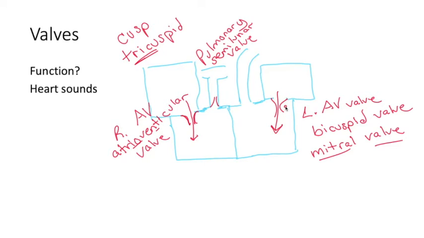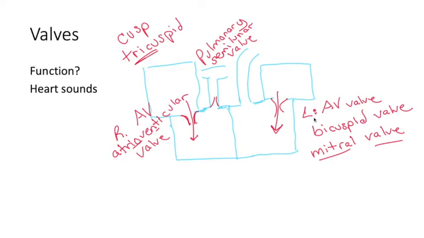It's named after the hat that Catholic bishops wear. Catholic bishops wear this hat that has 2 flaps, and it apparently looks a lot like the bicuspid valve. That hat's called a mitre hat. So the mitral valve is named after a bishop's mitre hat. Not something we really know in our world today. Catholic bishops don't tend to wear those anymore.